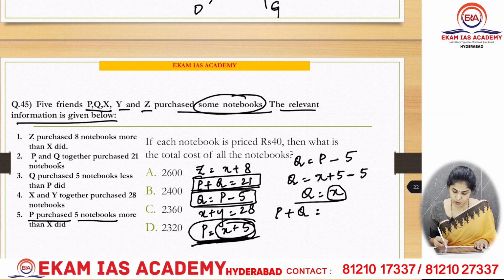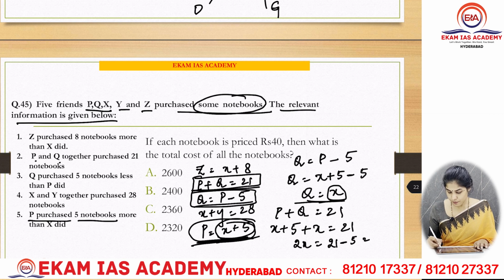P plus Q is equal to 21, right? P is X plus 5 and Q is X, so X plus 5 plus X is equal to 21. So 2X is equal to 21 minus 5, which is 16, right? X is equal to 8. So we got the value of X, which is 8.